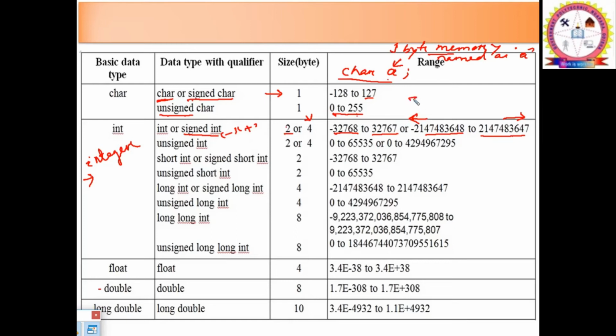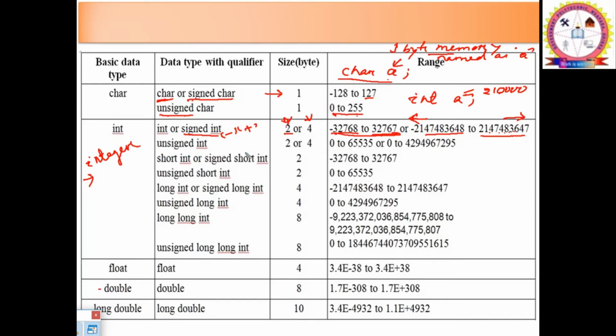If you declare just int a, the value you can store is between -2147483648 and +2147483647. You can assign values in this range to the variable. If the size is 2 bytes in the previous compiler, you can use only the smaller range. So that is the difference between the different compilers.